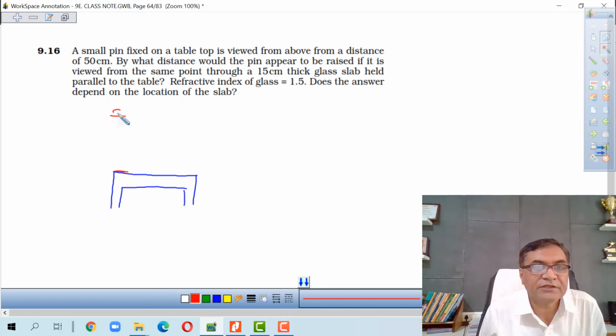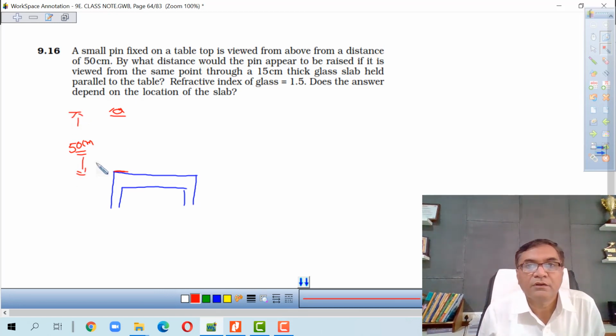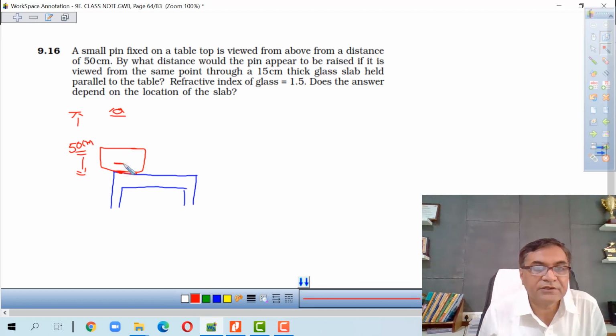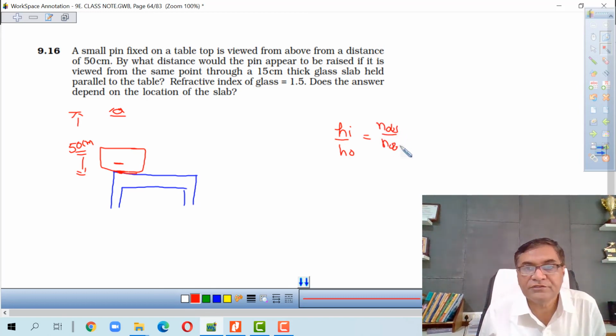So from here to here this is 50 cm. Now suppose I put a 15 cm slab in between. The pin will appear raised, and we know that hi upon ho is equal to observer's refractive index upon object's refractive index.